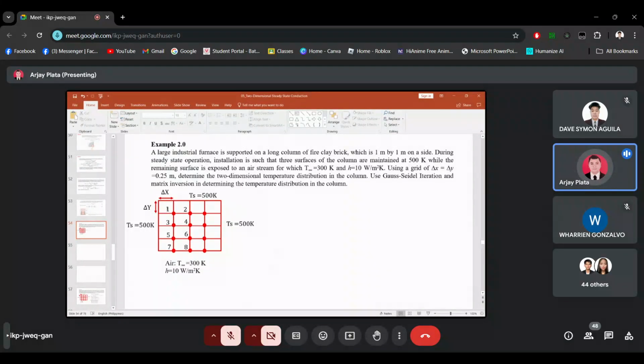It is a symmetrical figure, so you just have to copy this to the other side. So that's our figure. If you have any question, you can butt in anytime, you can interrupt anytime.